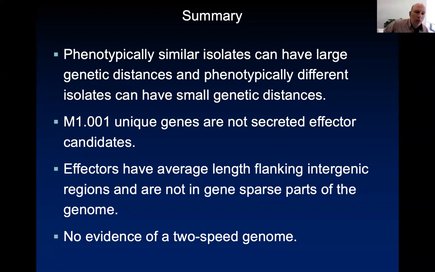The unique genes to M1001, we can't identify those as candidate effector proteins, which is what we were hoping to do in that analysis. Essentially, we have no evidence of a 2-speed genome, and we have no evidence that the effector genes in Colletotrichum graminicula are found in gene-sparse parts of the genome.